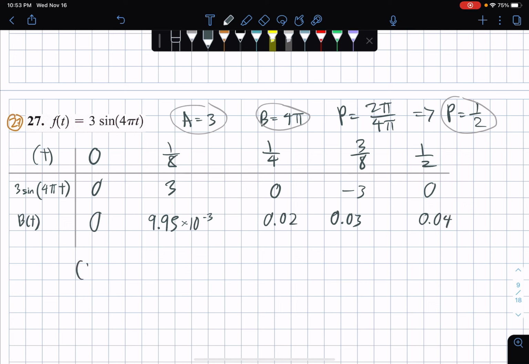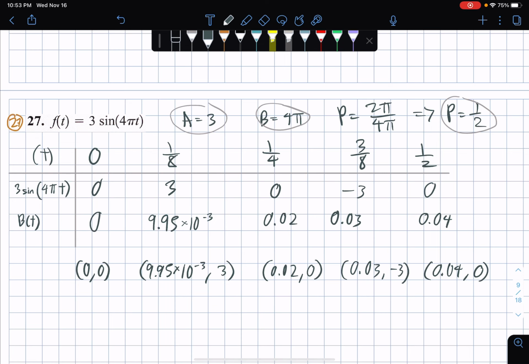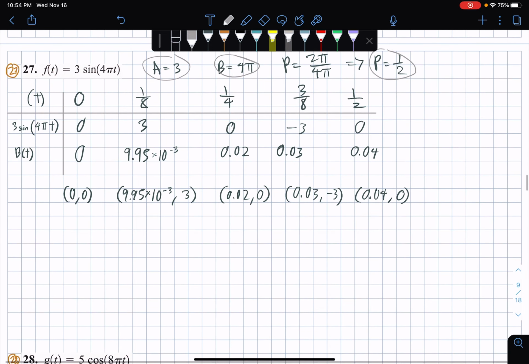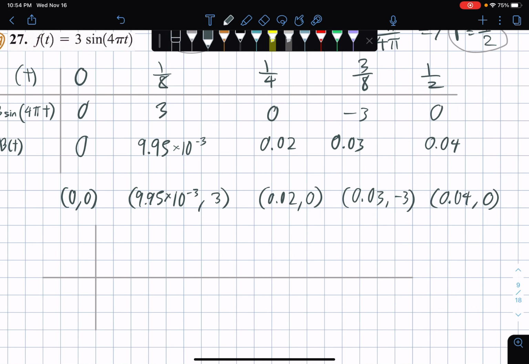With that, let's make the coordinates. Okay, write it like that.